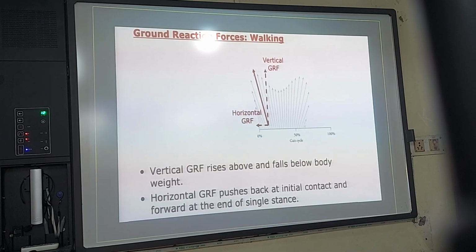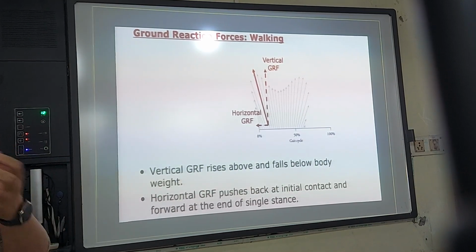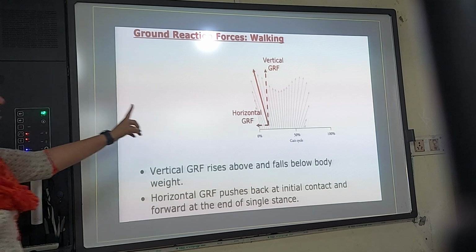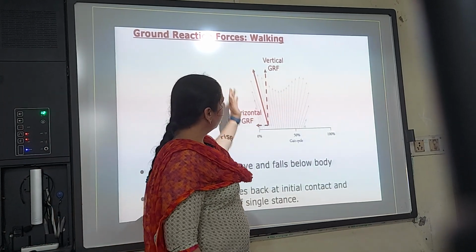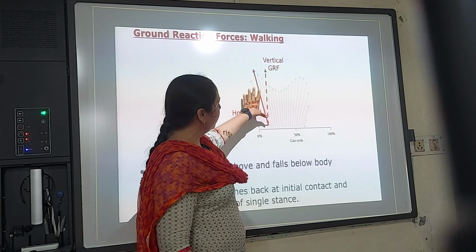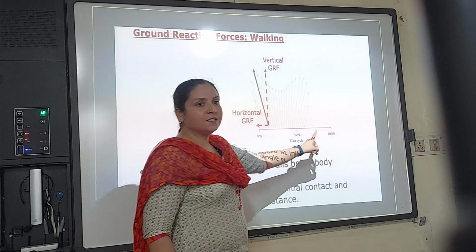Now, we have talked about this, and this is a very important point, the ground reaction forces. We have already talked about it, that there are some vertical forces which are acting. But did you see over here, these are arrows, and these arrows are of different heights. Can you see that? And this is where the gait cycle is.